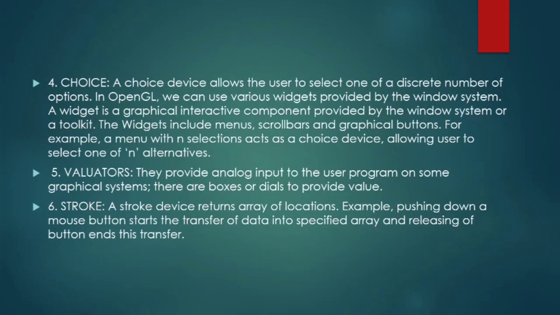In the choice device, the widgets also include menus, scroll bars, and graphical buttons. Let's take an example where a menu with n selections acts as a choice device.